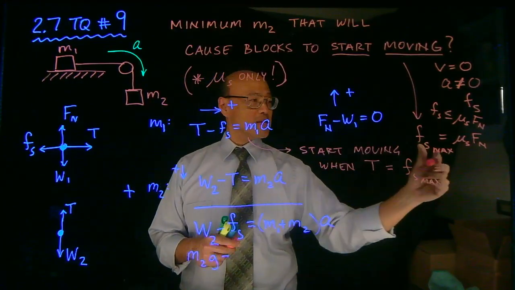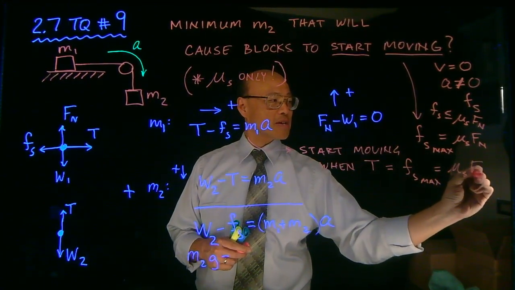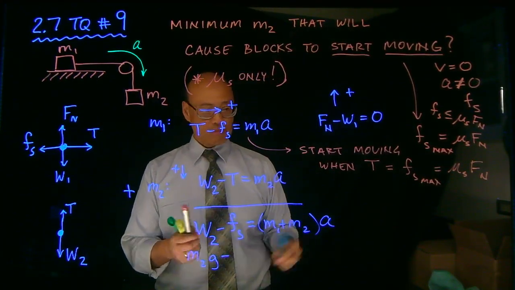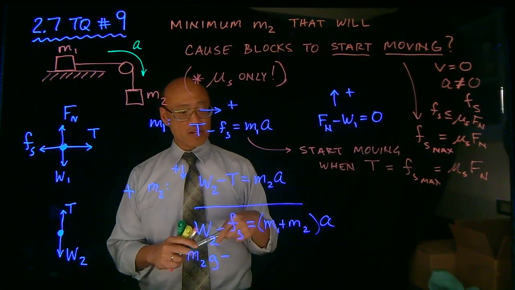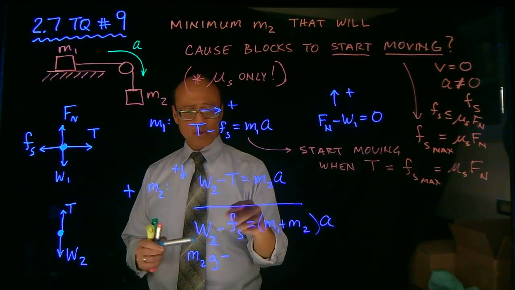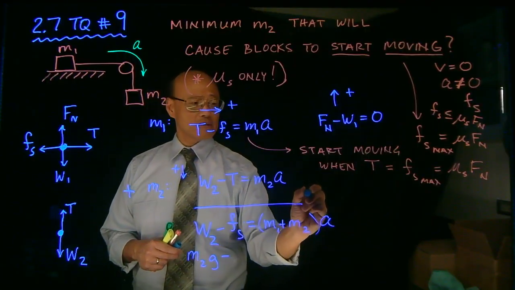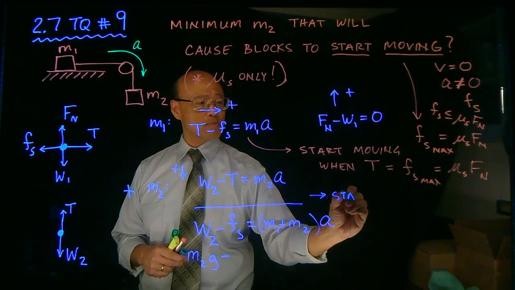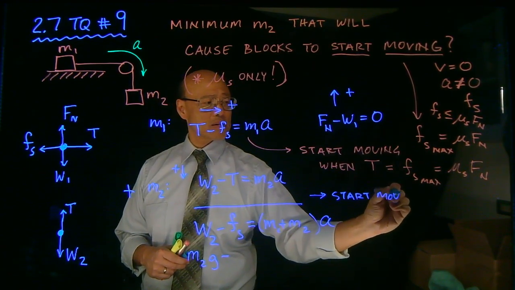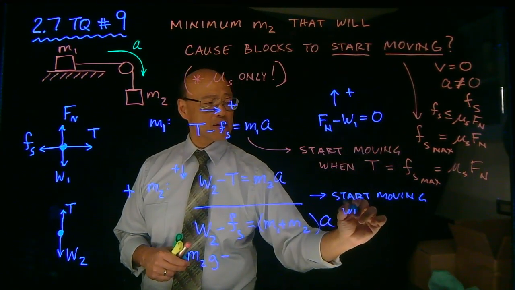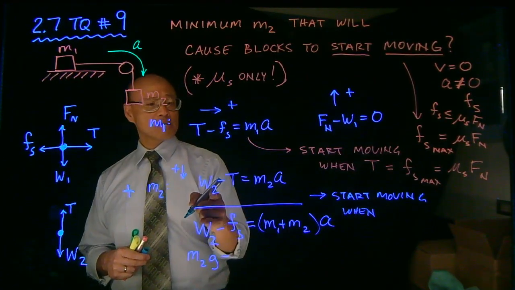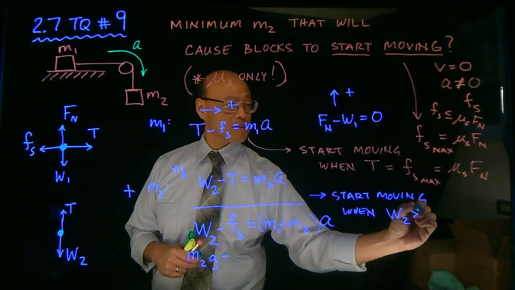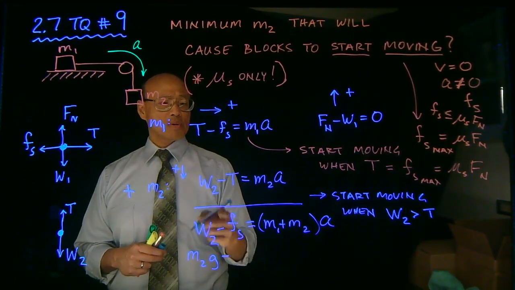So that's going to be mu s Fn, right? Which Fn? This one. Well, on this, I know I put an acceleration there, but if you look at this, when does this start to accelerate? This guy will start moving when W2 is greater than T. Well, what's W2?